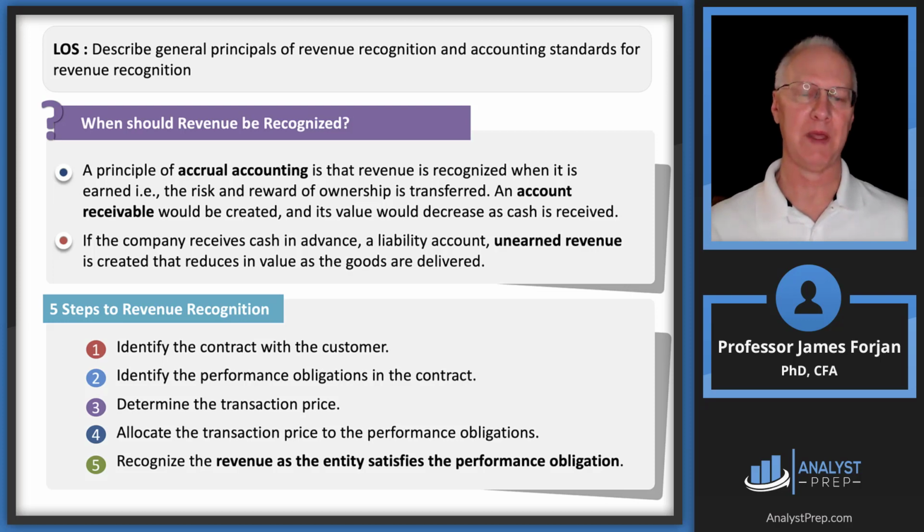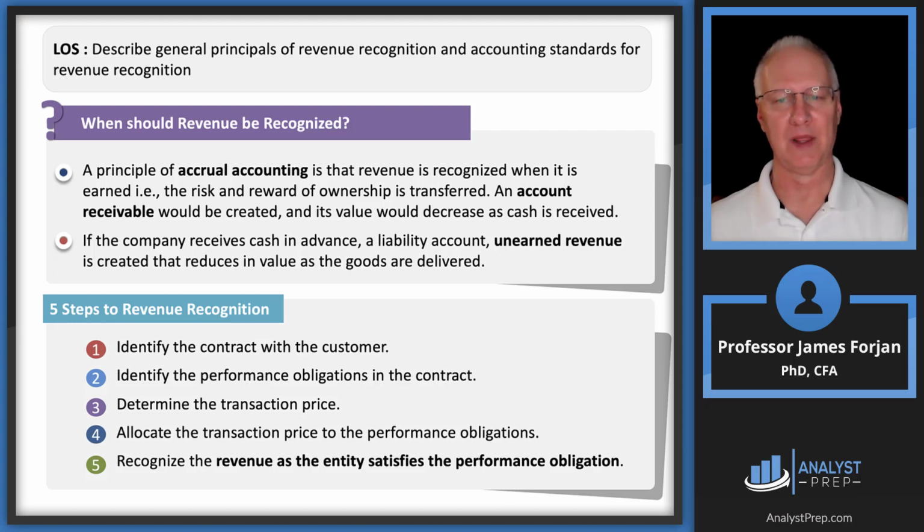So you pay me this today, but I haven't really transferred that ownership because I still have possession of the apples. And so that's a liability to me because you could call me the next day and say, you know what, Jim, I don't need your apples anymore. So if the company received cash in advance, a liability account, unearned revenue, is created.